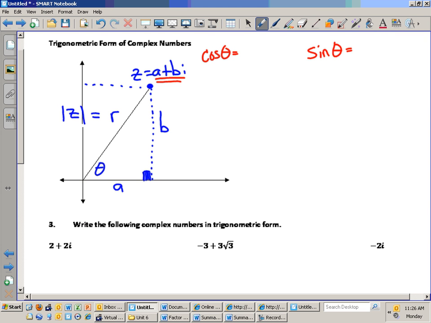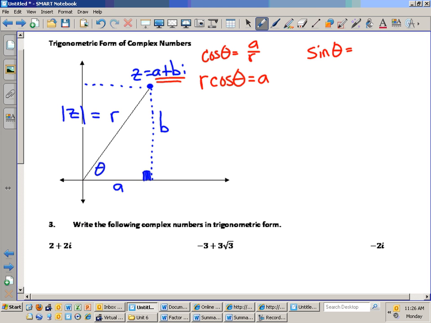What is cosine of theta equal to? Adjacent over hypotenuse, which is a over r. I'm going to solve for a. How do I solve for a? R times the cosine of theta is equal to a.